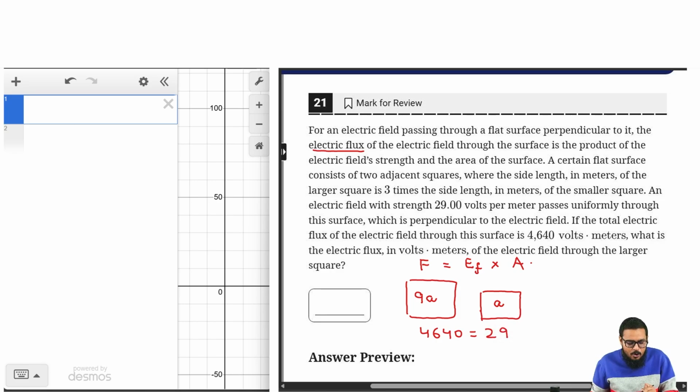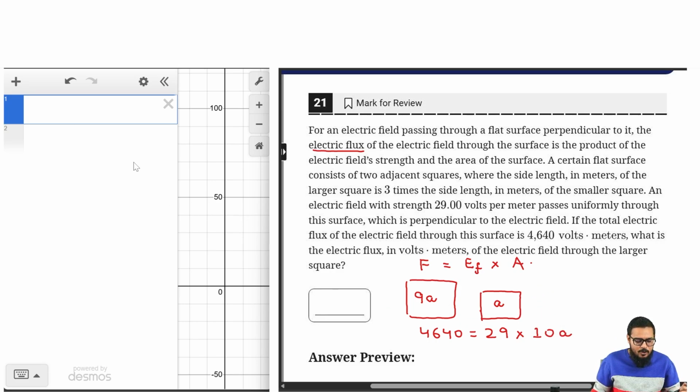Since 4640 is my total electric flux, I'm going to put the total area in the formula. The total area of the entire surface contains two squares, one with an area of A and the other with an area of 9A. So obviously I'm going to put 10A right over here.